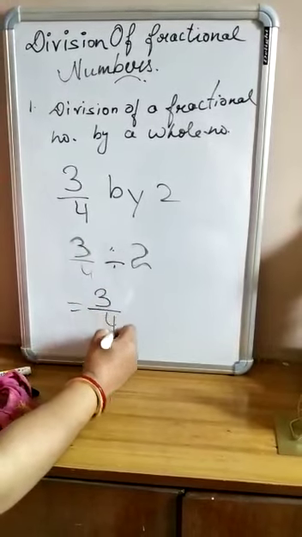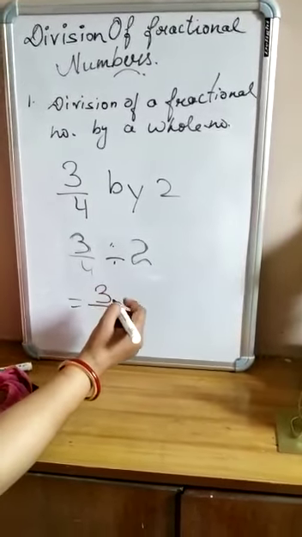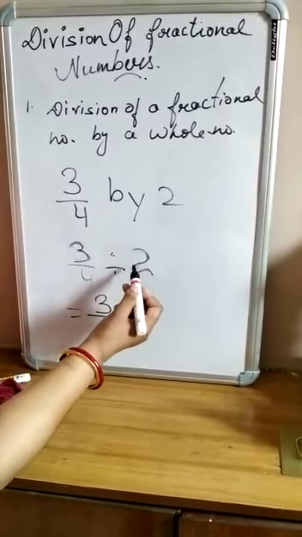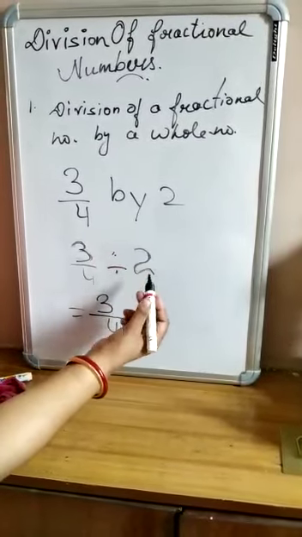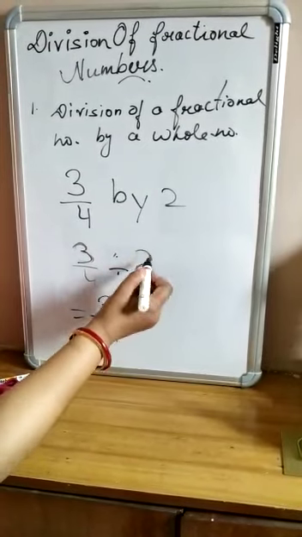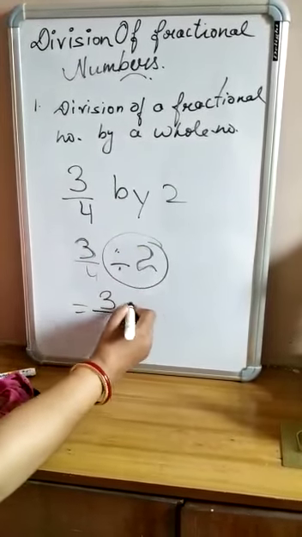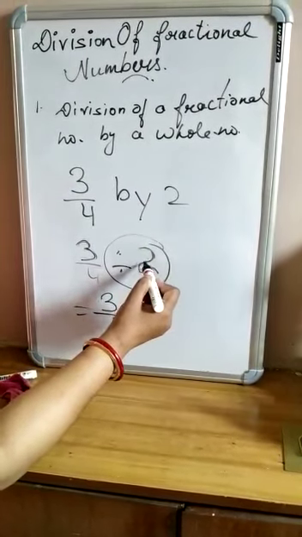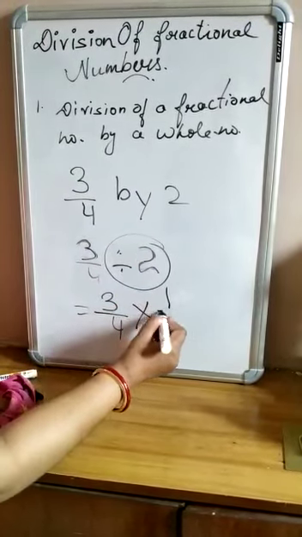3 by 4. Now we are dividing by 2. It means multiplying with the reciprocal of 2. What is the reciprocal of 2? 1 by 2.